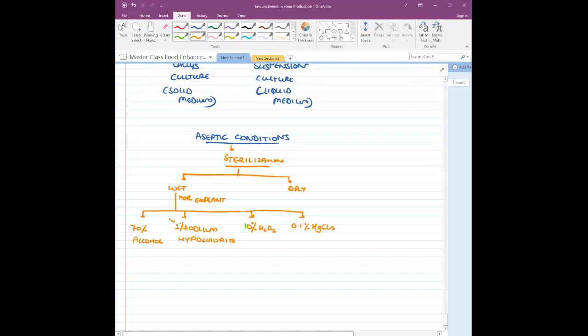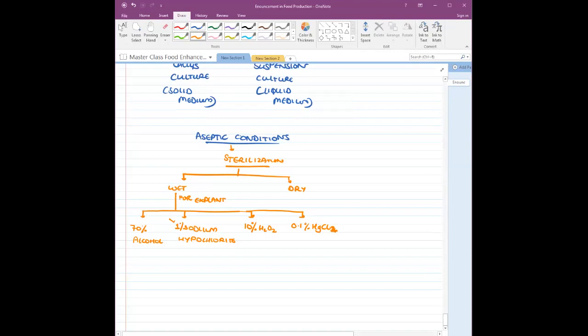This is mercury chloride, basically. Guys, this is really, really deadly. None of the enzymes work properly in the presence of this mercury chloride. But now, guys, this is for your wet sterilization.